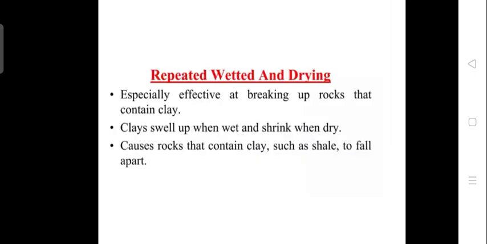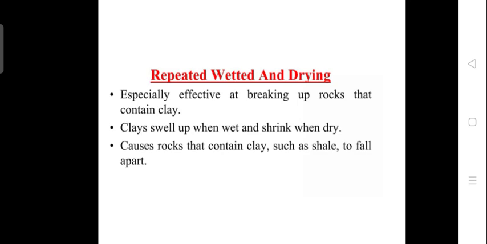Physical weathering is also classified into different types. The first one is repeated wetting and drying. That is an effective form of physical weathering, where rocks contain clay, which may swell when it contains water content, and due to the high temperature of the day, it again shrinks.